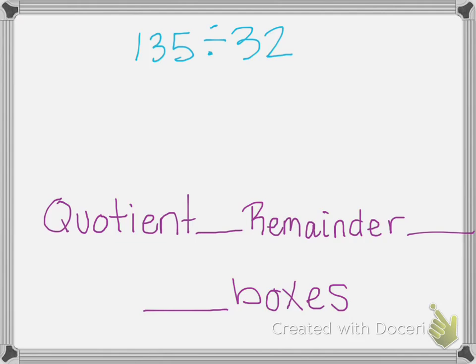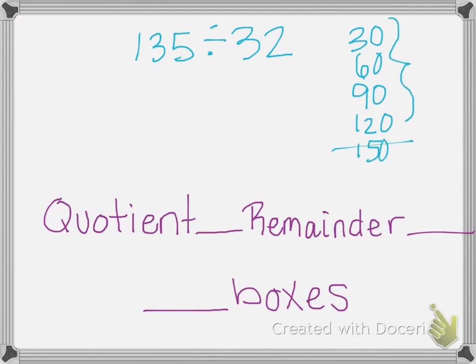If we guess, round 32 down to 30: 30, 60, 90, 120, 150. 150 is too high. So probably about 4 times. So our quotient is 4.